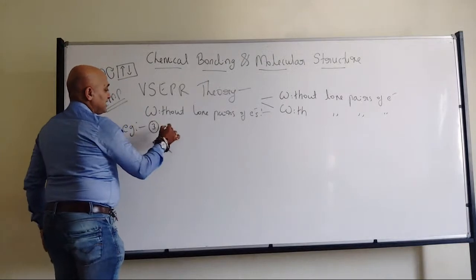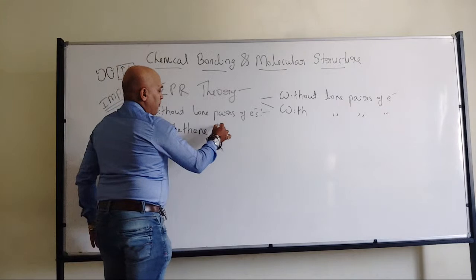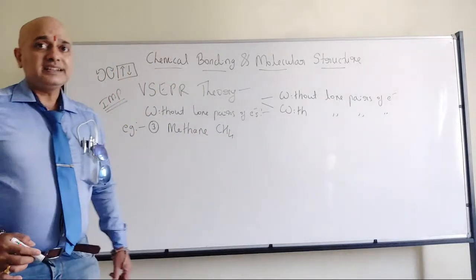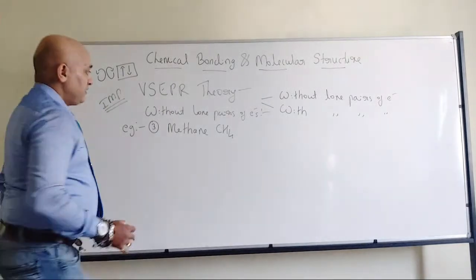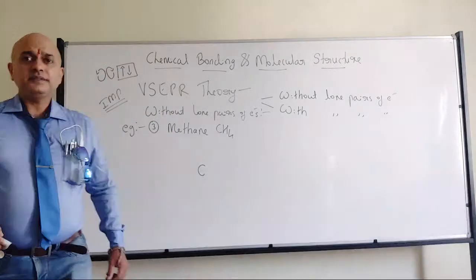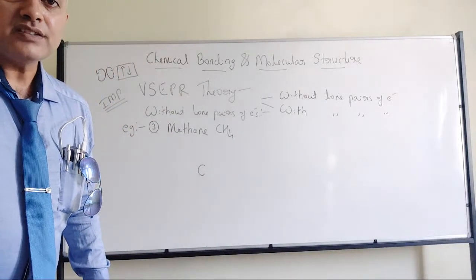Example 3. If I take methane, a very common molecule you are going to study in organic chemistry. That is methane. Where carbon, how many valence electrons in the carbon? Any one of you?